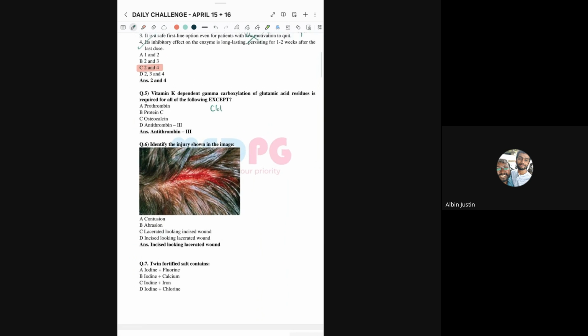You have clotting factors. Which are the vitamin K dependent clotting factors? Can somebody tell me? Someone? Anyone?